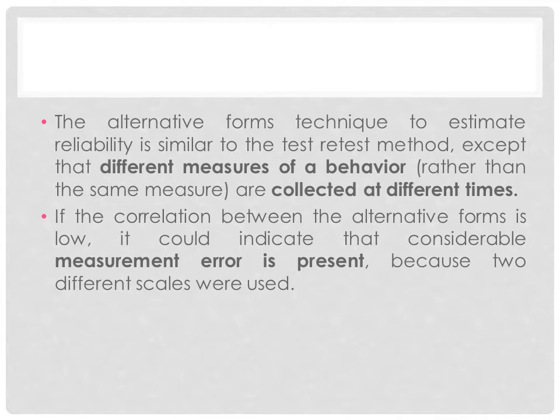But in the alternative forms technique, or parallel forms reliability, you have your test that you're measuring for its reliability, and to measure that, you're going to create an alternative form, which is another test. Let's name it A for the test that you are testing, and B for reliability purposes only.